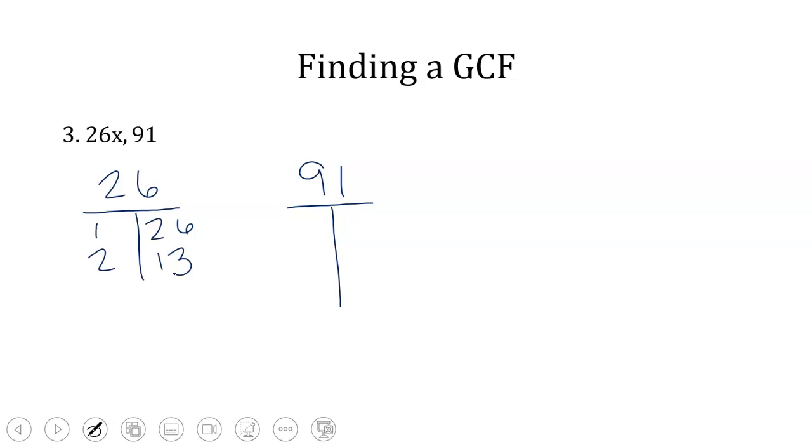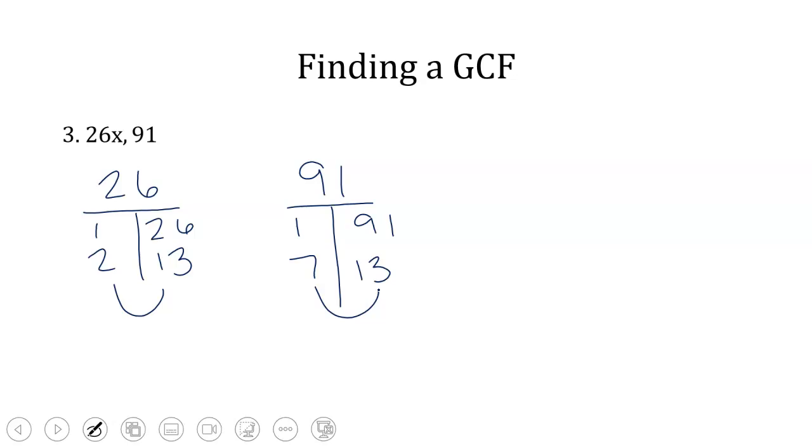No. Can 4? No. Can 5, 6, 7, 8, 9, 10? So that's it. So 1 times 91. Can 2 go? No. Can 3? No. Can 4? No. Can 5, 6, 7? Yes. 7 times 13.